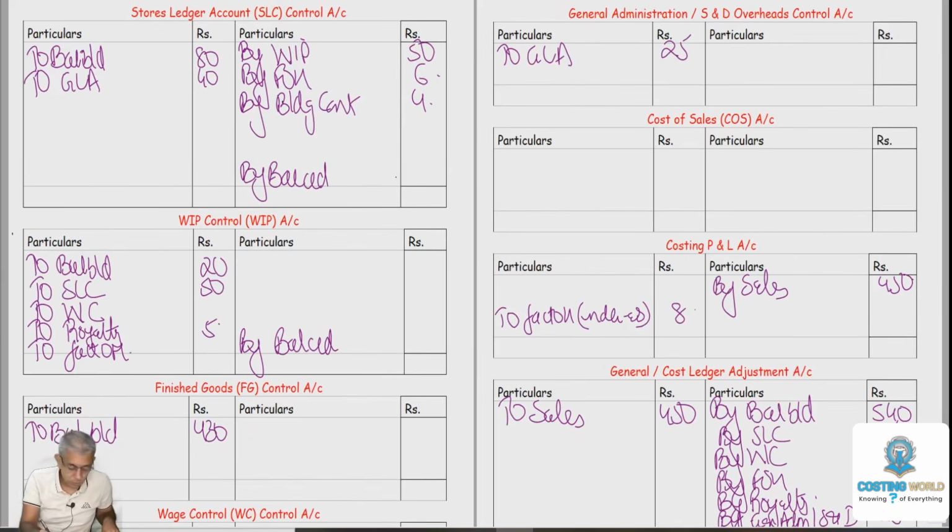So closing stock of raw material is 55 lakhs. And this is 25 lakhs.